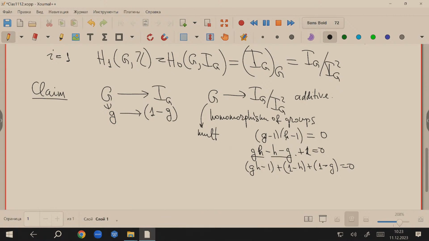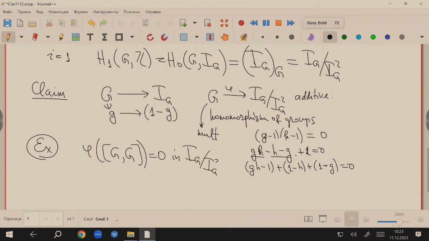And also one can notice, and that will be an exercise in the home exercise sheet, that this map factors through the commutant. The commutant maps to 0 in I_G modulo I_G squared.